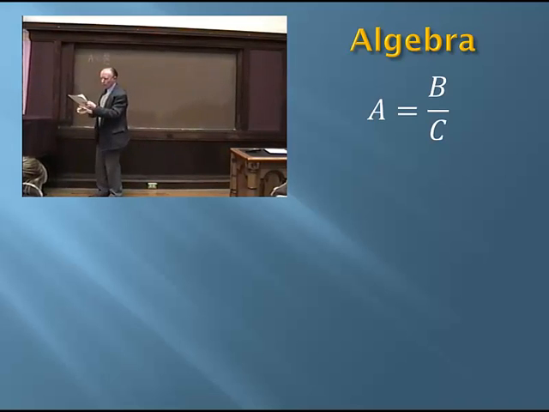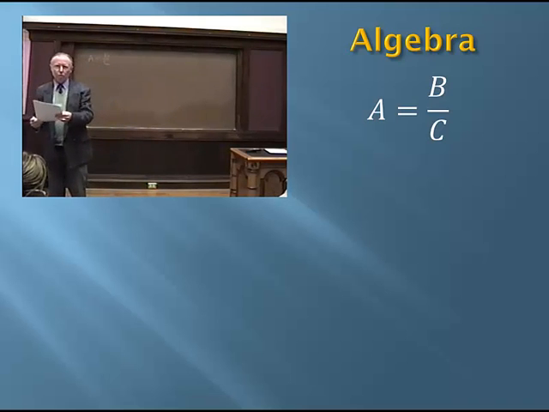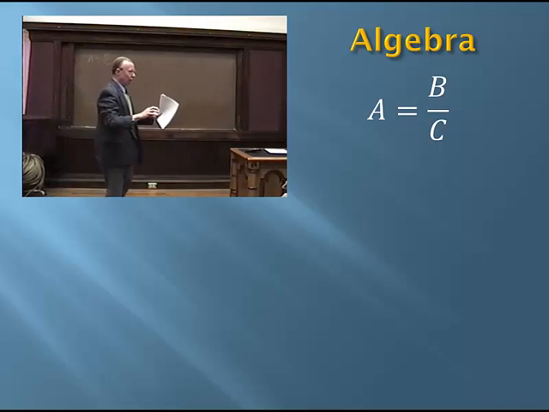If A equals B over C, then the question was, how can we resolve that into a kind of equation where there's nothing on the bottom? How can we rearrange that?